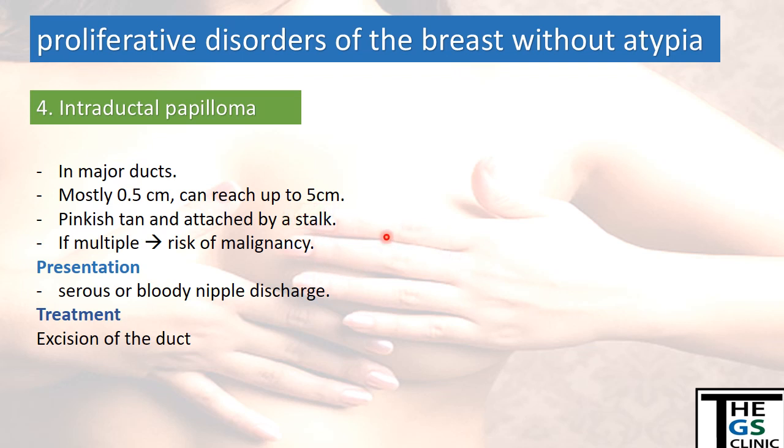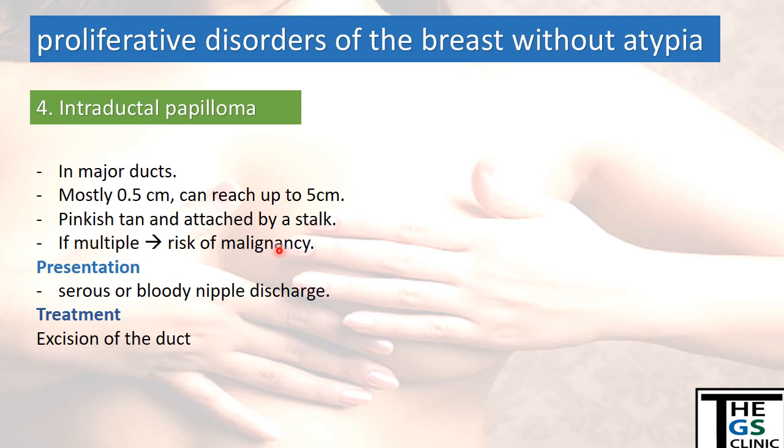Its color is pinkish tan, and usually it's attached over a stalk. We will not find a sessile intraductal papilloma. Usually it's attached to a stalk, which gives it its specific characteristic feature.